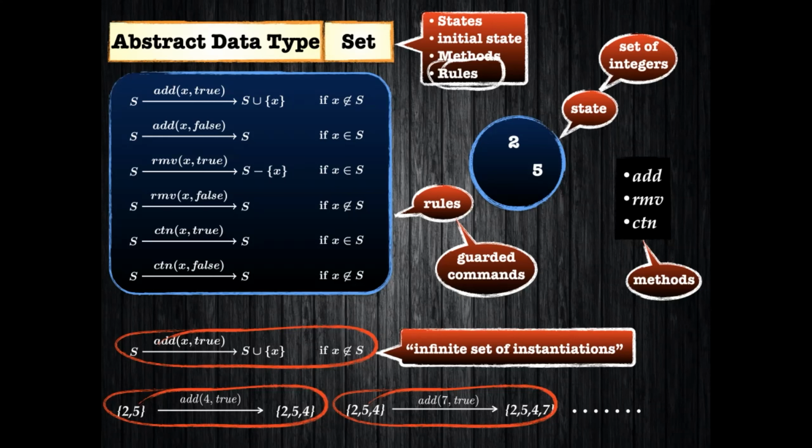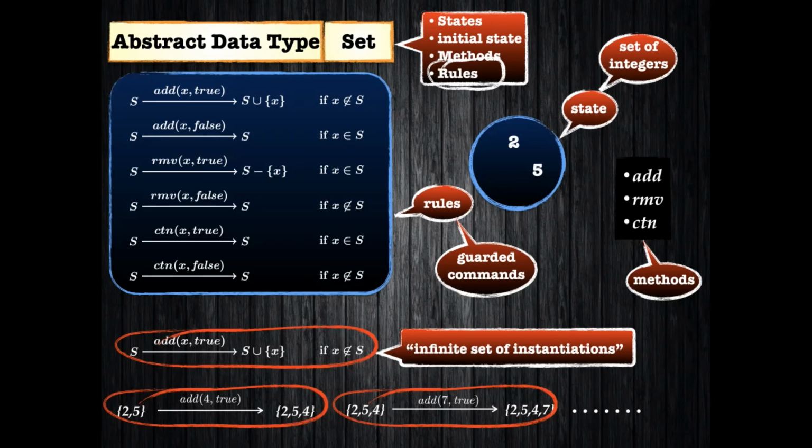So for instance, if I have this configuration here, I can apply this rule, but I can also apply contain 5 true to the rule because this rule is satisfied. So in general, you get a transition system with infinitely many states and which is, in fact, even infinitely branching, etc., etc. But I will not go through this here.